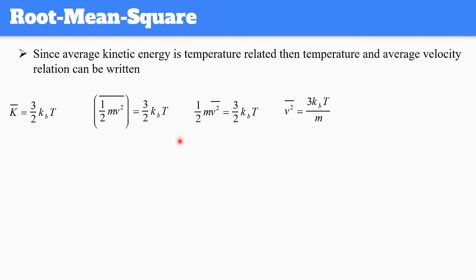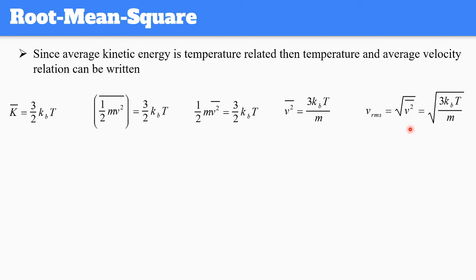And then basically 1/2, those twos will cancel out, this m will come down, and the average of the velocity square is going to be equal to 3 kbT over m. And if you would like to find the velocity, then what do you need to do? You need to take the square root of your average of the velocity square.